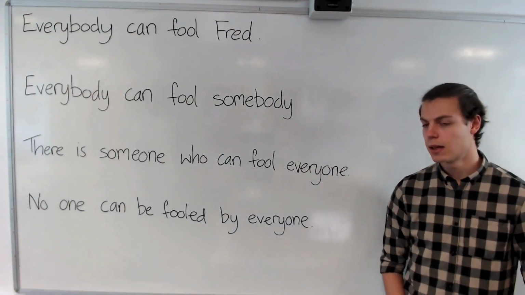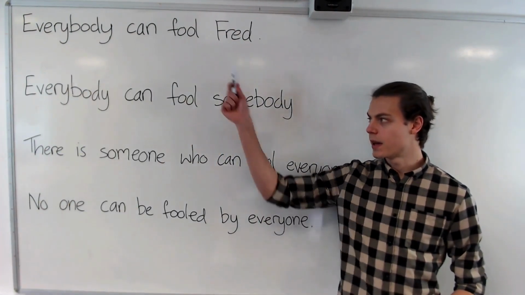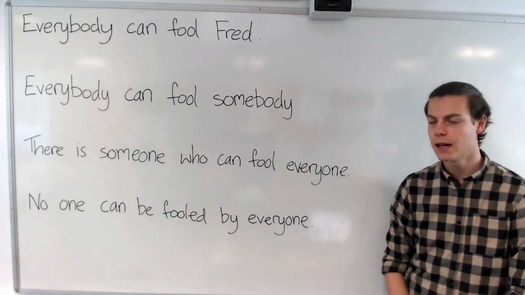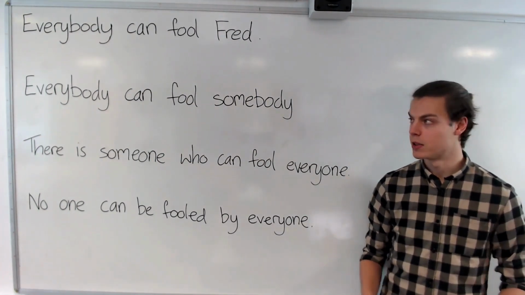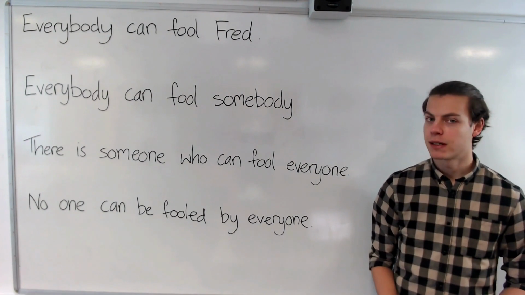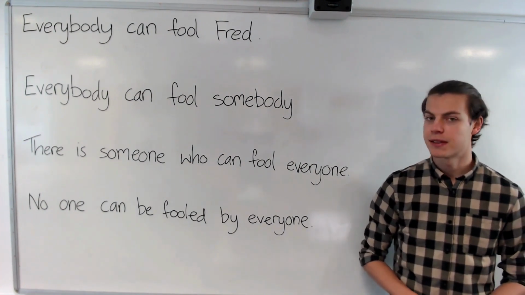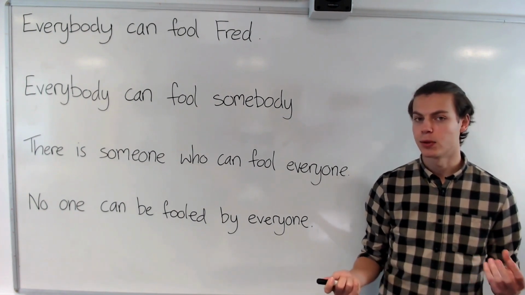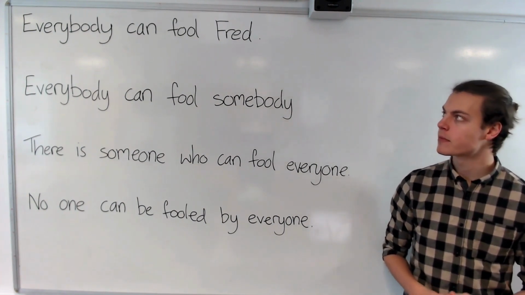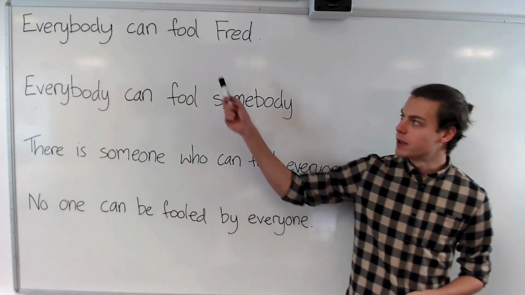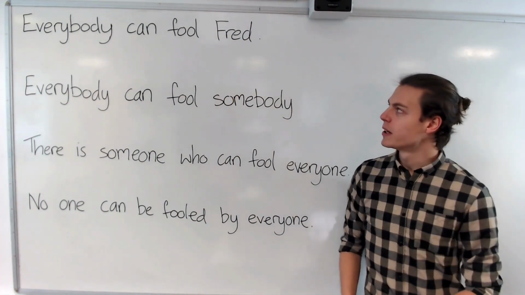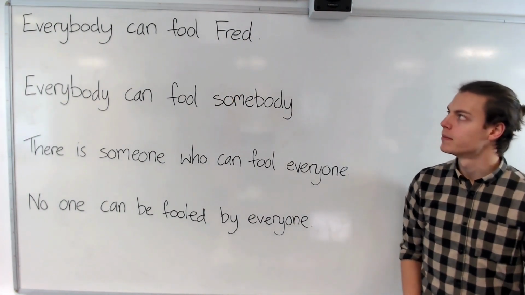In this exercise, our first task is to express these four statements in formal predicate logic, where we have the predicate f of xy defined to be the statement x can fool y. Now, our first statement says everybody can fool Fred.